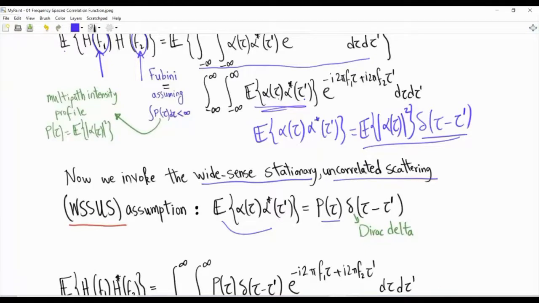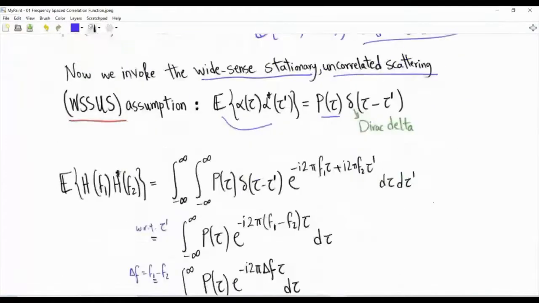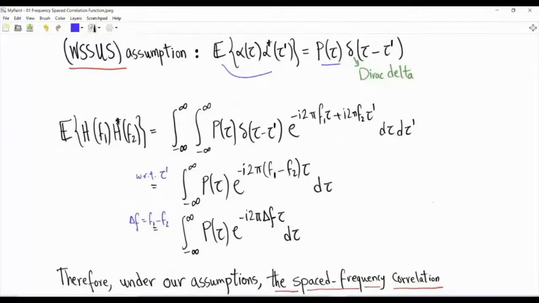Once you see the Dirac delta, you know that your double integral will collapse into a single integral. So life will be easier under this assumption of uncorrelated scattering. You can do the integration with respect to tau prime and replace tau prime by tau, and you get just a single integral now.